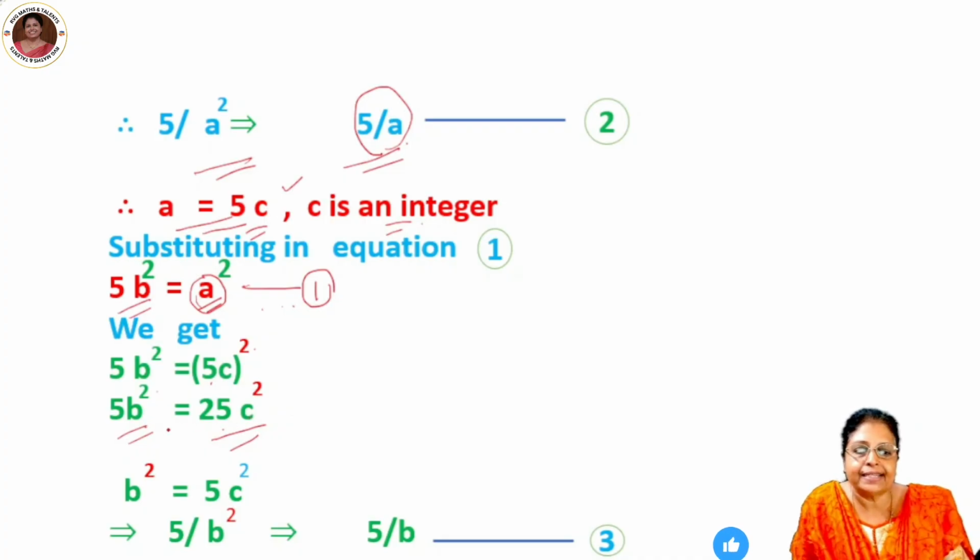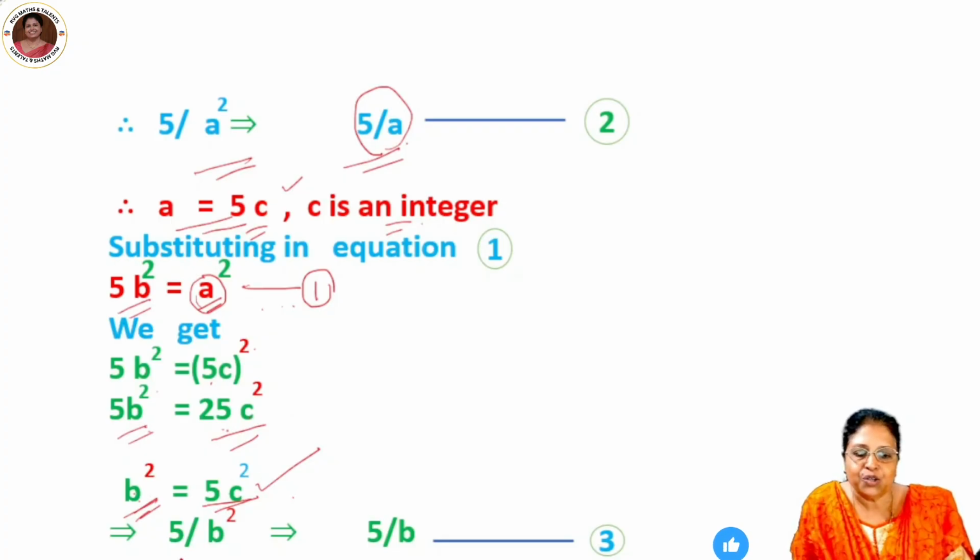Then you can cancel 5 from both sides. Then we will get b square equal to 5c square. That means b square is a multiple of 5. That means 5 divides b square.